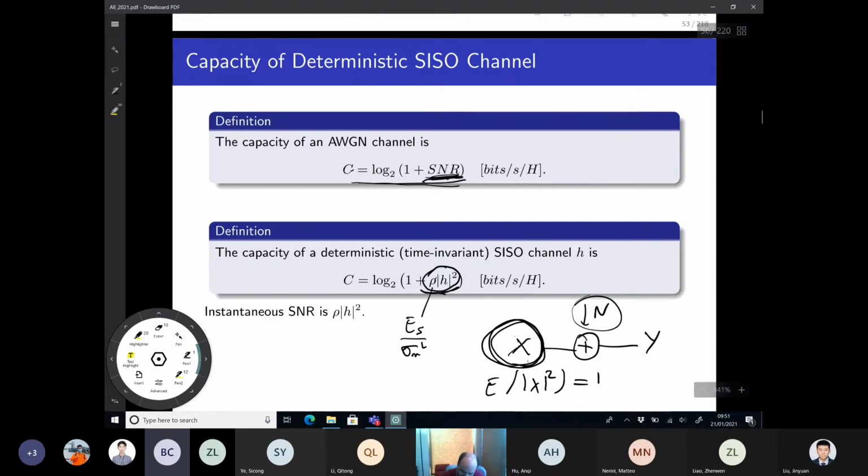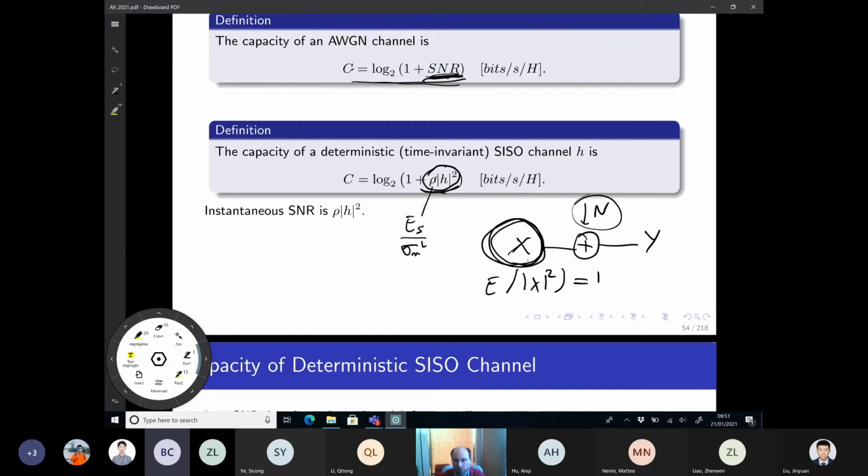For instance, you could use QPSK with rate 1/2, or if you go to higher SNR, you would use, I don't know, 64 QAM, 256 QAM, and a coding rate that will also increase, in order to enable a higher effective rate at the end and come very close to capacity.